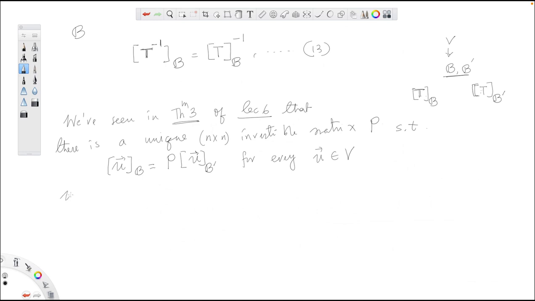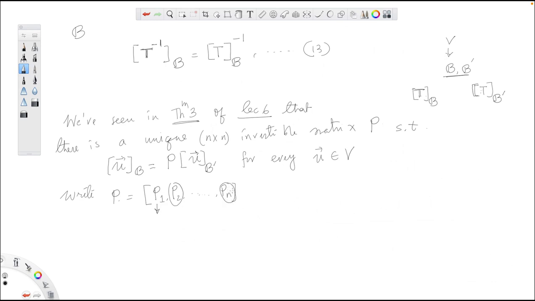We write this invertible matrix P in this way: P1, P2, all the way up to Pn, where P1 is the first column of the n times n matrix P, P2 is the second column, and so on.